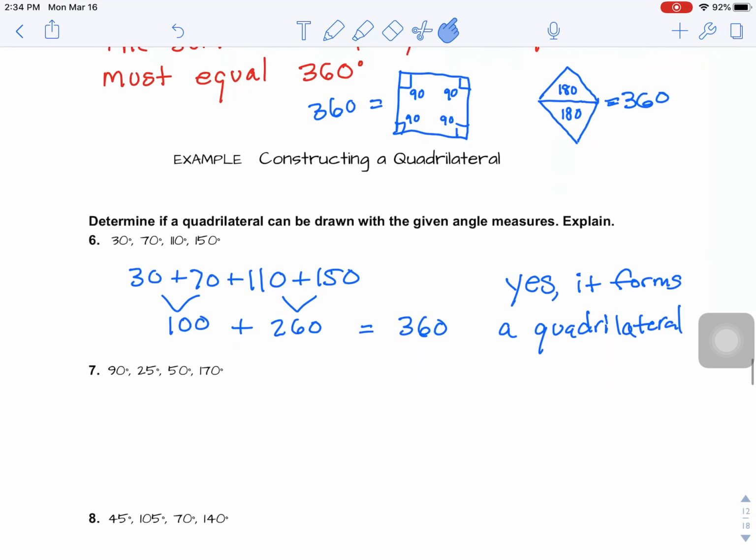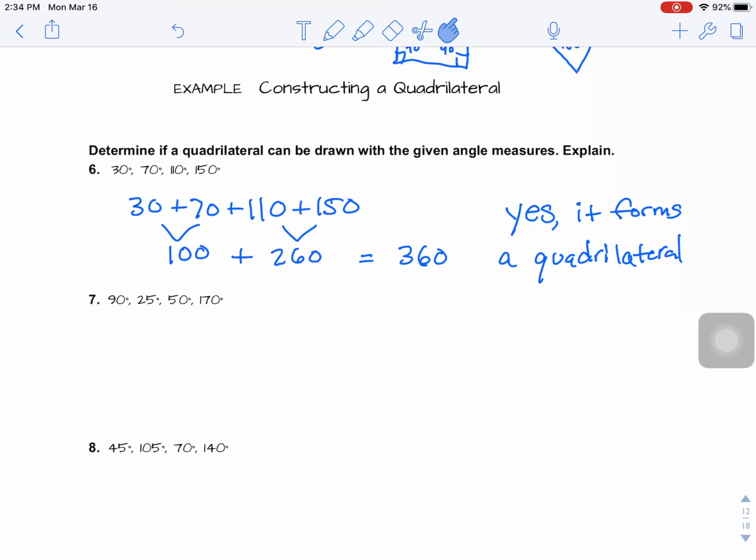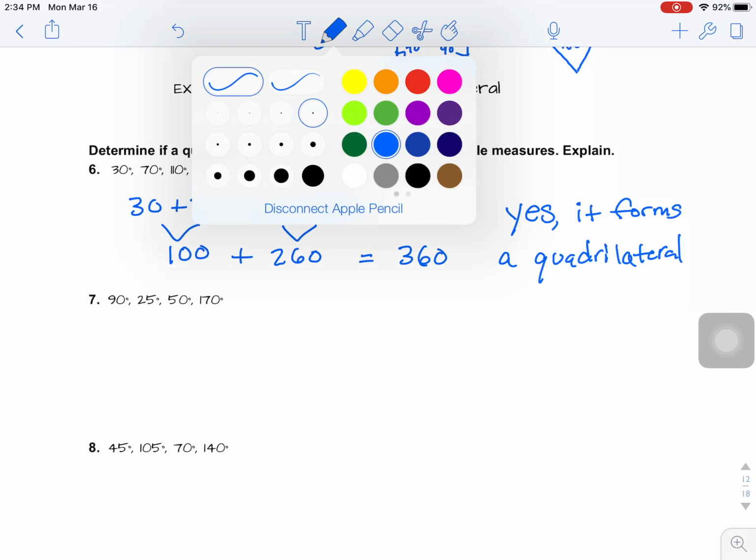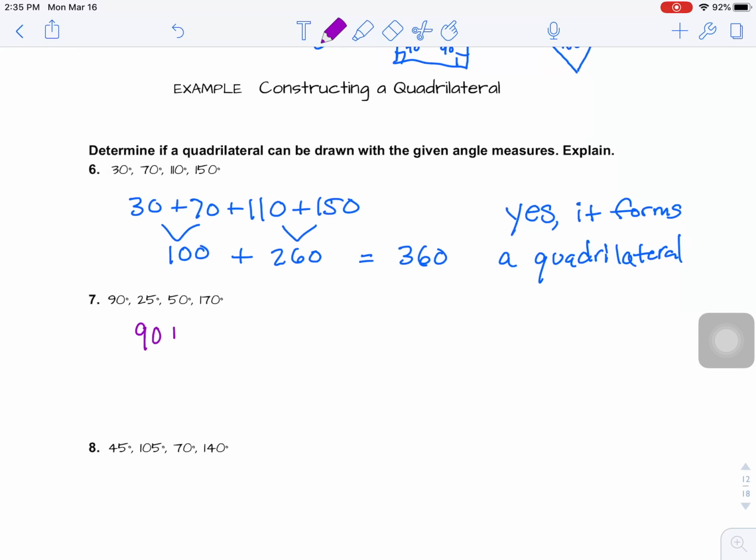Looking at 7, same idea here. If we added those up, 90 plus 25 plus 50 plus 70, or 170. Remember, you can add them in any order that's easiest for you. So I'm going to add 50 and 170, and that gives me 220.